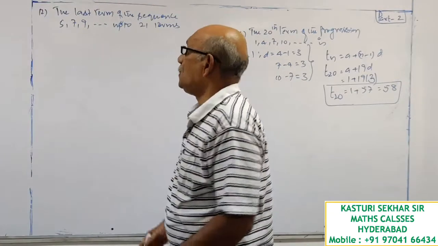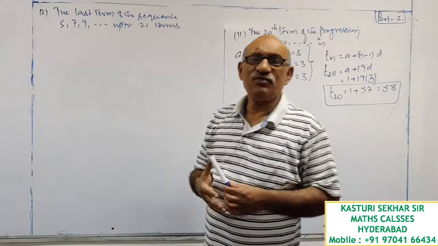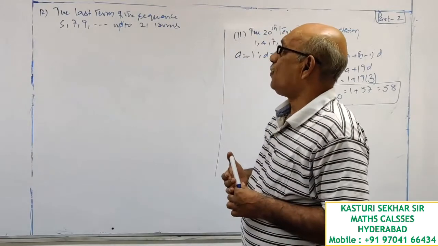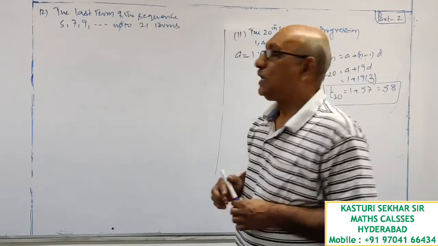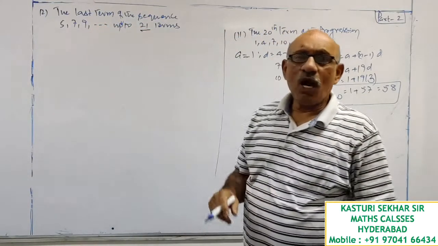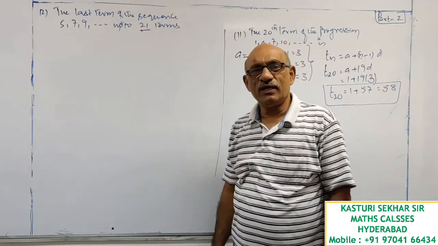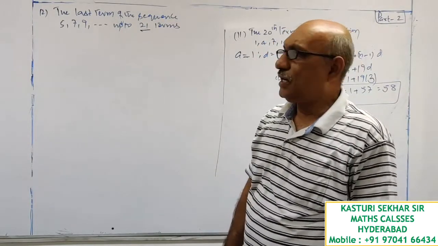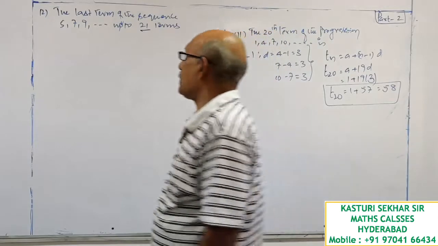Once again, it is application of general term for solving the numerical questions. What is the last term of the sequence? That we can identify with the help of number of terms. How many terms are given? 21 terms are given. Therefore, the last term of the sequence is the 21st term.